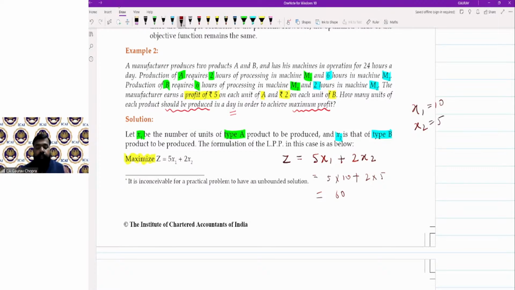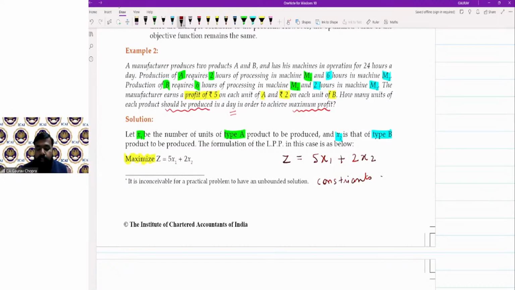It becomes the profit. But at present X1 and X2 are not available, so we have to find X1 and X2 first. So this is maximize. Now there are some constraints. Constraints means limitations.